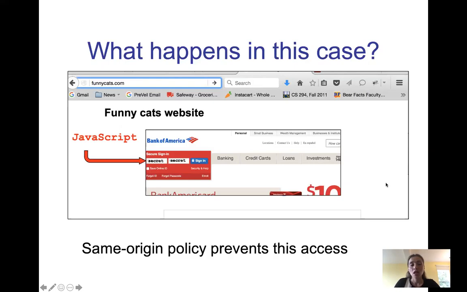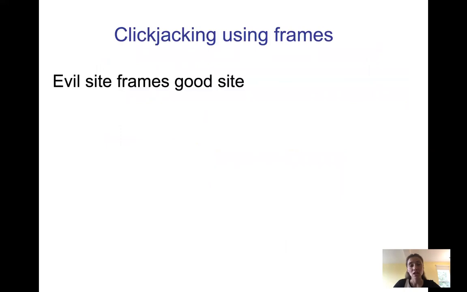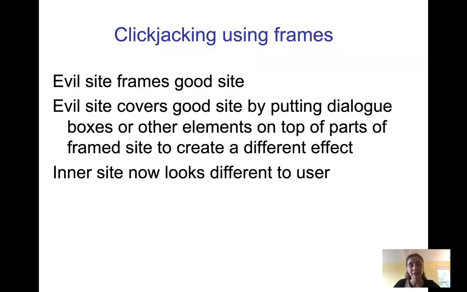All right, so that doesn't work, but you can actually do some more sophisticated things to get it to work with clickjacking. With clickjacking, we can bypass same origin policy for frames. So here's an example. You have, again, an evil site that frames a good site.